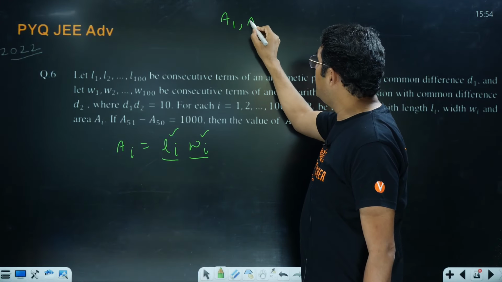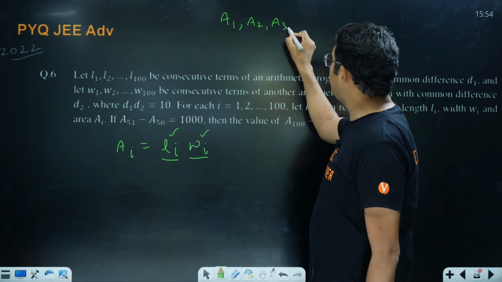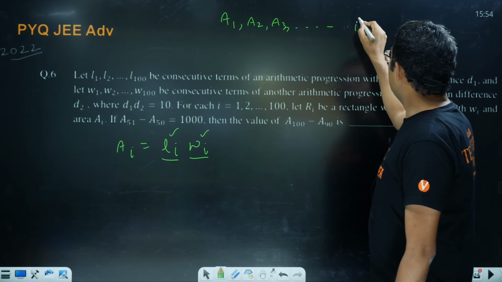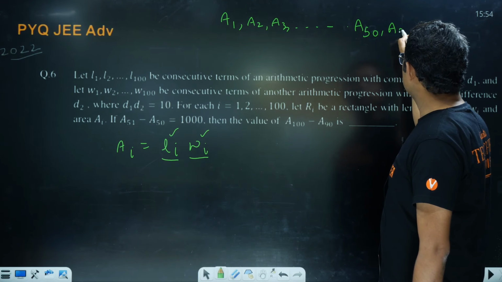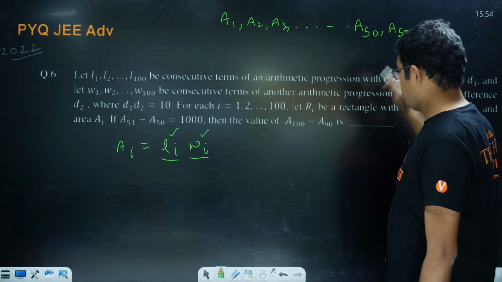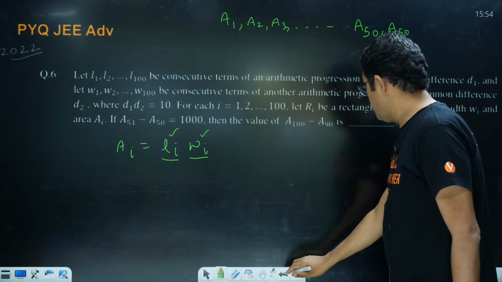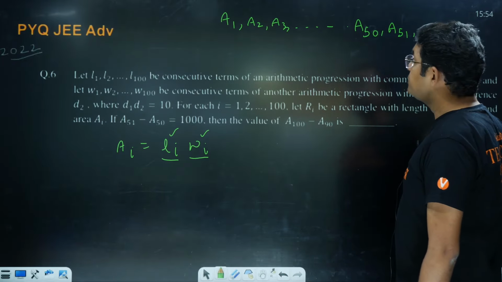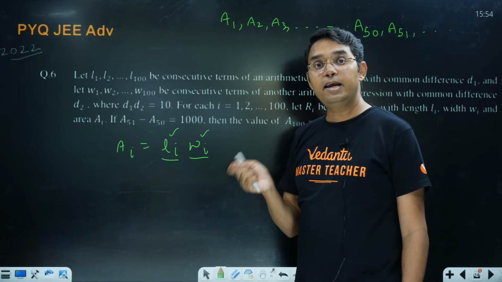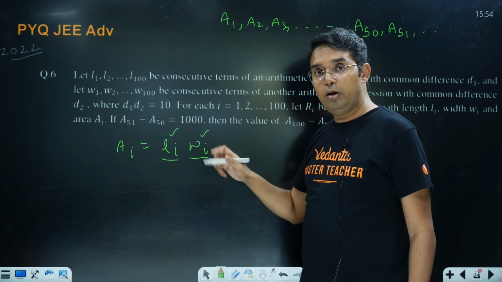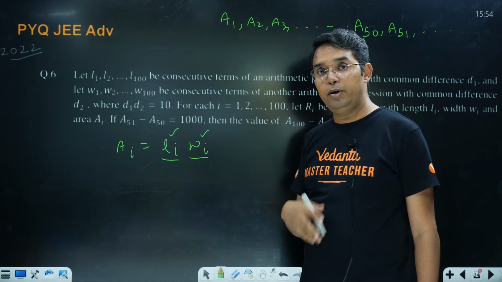Suppose A1, A2, A3 and so on, if I write, okay, A50, A51 and so on. Now as I told you, Ai is quadratic in n because Li will be linear in n, Wi will be linear in n.